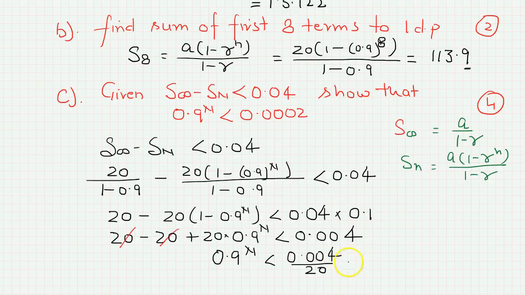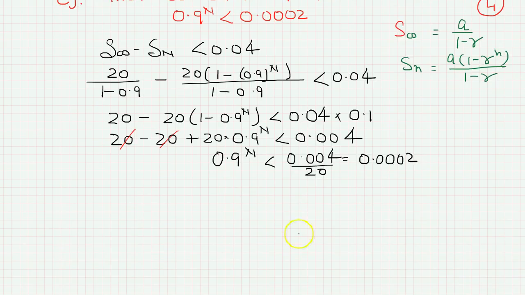This value is equal to 0.0002. So we have 0.9 to the power n is less than 0.0002.